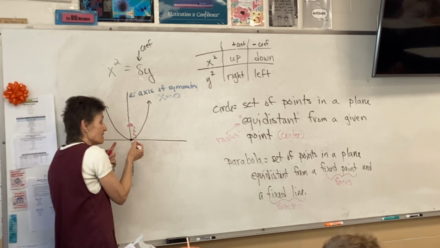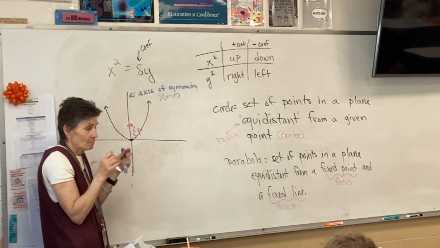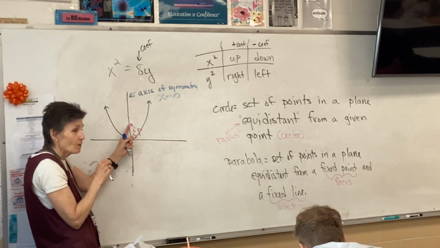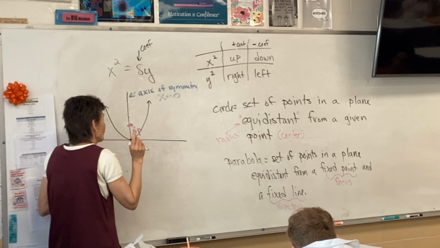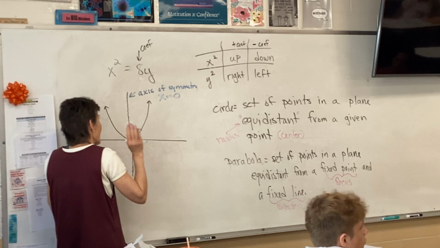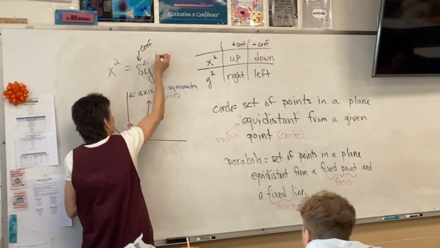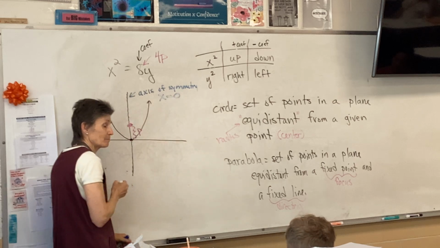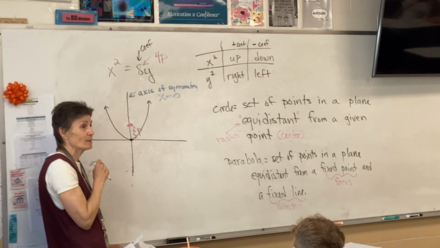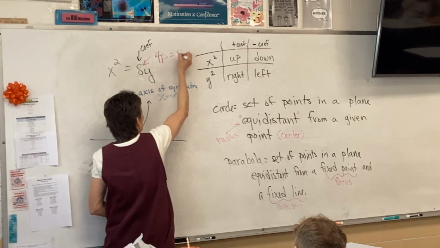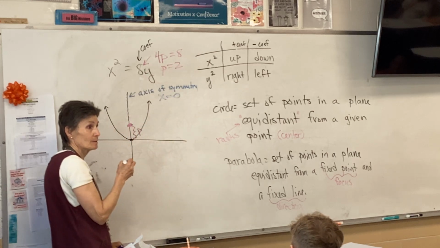That distance, for some reason, is called P. Vertex to focus, P. In every parabola equation ever in the whole wide world, this coefficient is 4P. Always 4, always, whatever the number is. So if 4P is 8, then P must be 2?